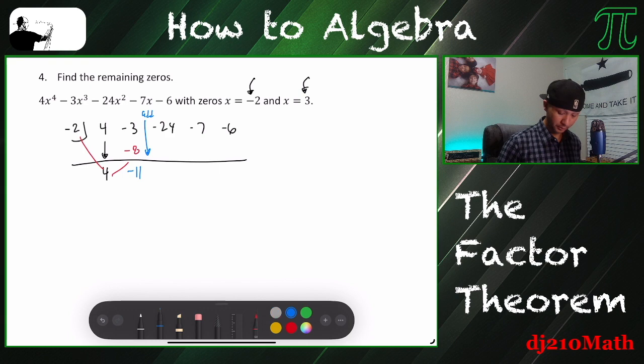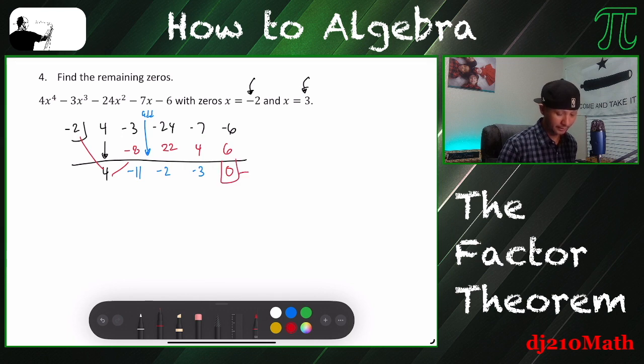Times -2 is positive 22, plus -24 is -2. Times -2 is +4, add -7 will give us -3. Times -2 is +6. Okay, plus -6 is 0.